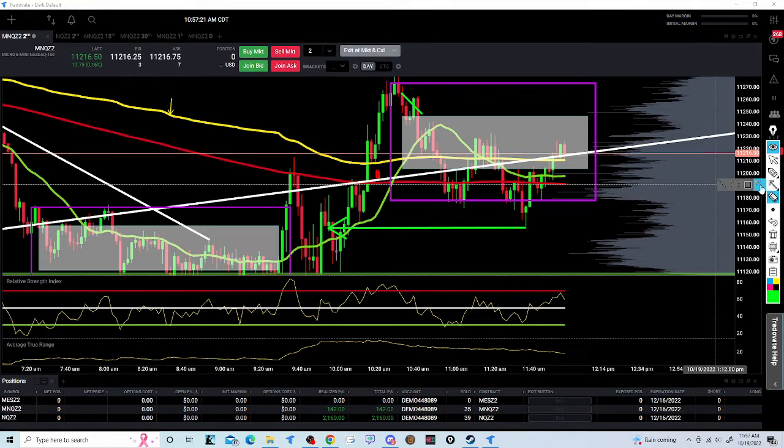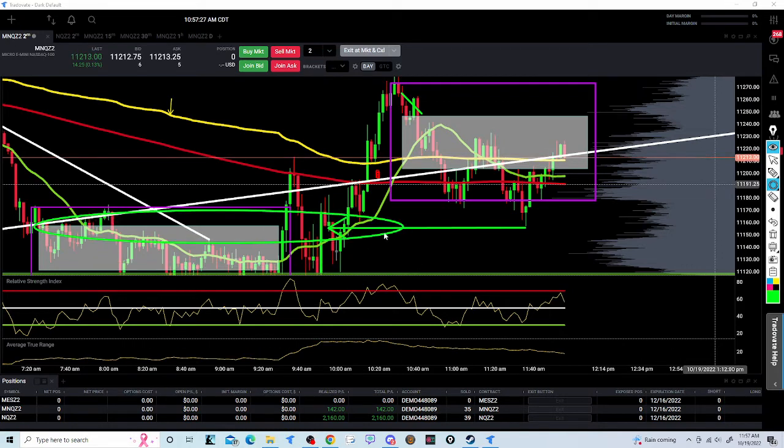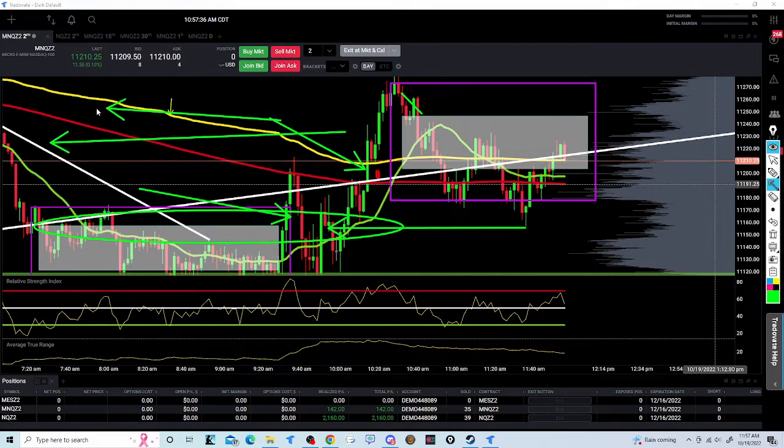So this would be an area where you look left and there's just too much congestion. You don't have any space to really go. Like on these breakouts to the upside, you had lots of space to the left.